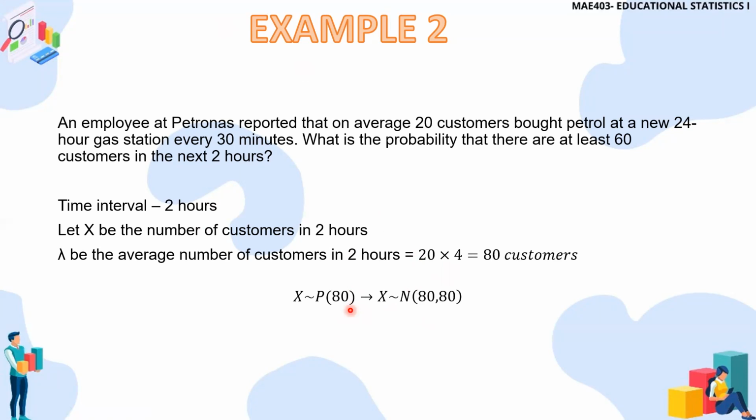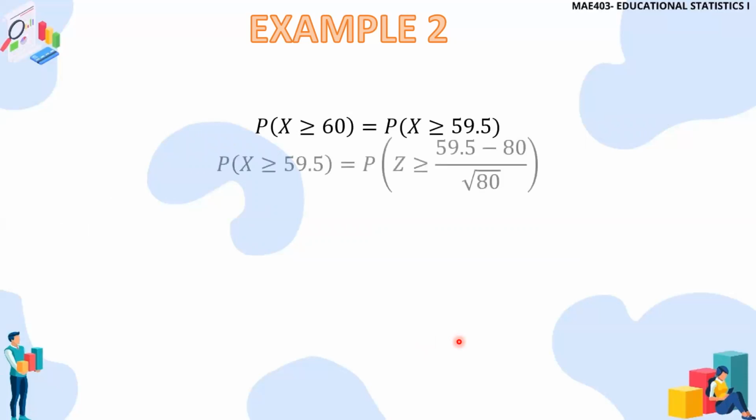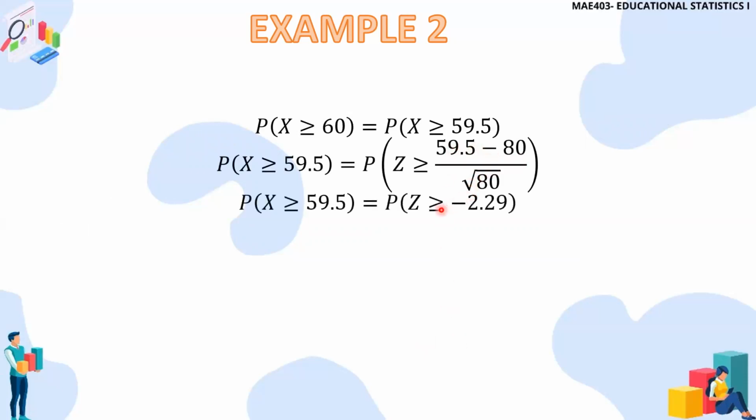So approximate from the Poisson to the normal distribution. The probability of X greater or equal to 60, by using the continuity correction, 60 minus 0.5, so the probability of X greater than or equal to 59.5. Approximate to the normal distribution, 59.5 minus mean divided by standard deviation. Then you need to find the probability of Z greater or equal to negative 2.29.